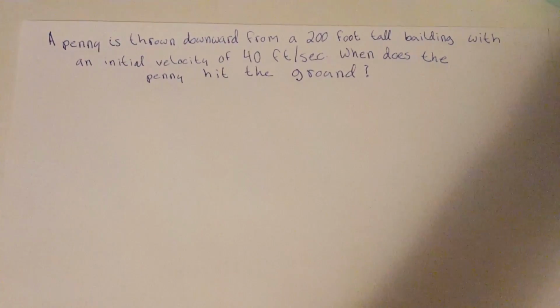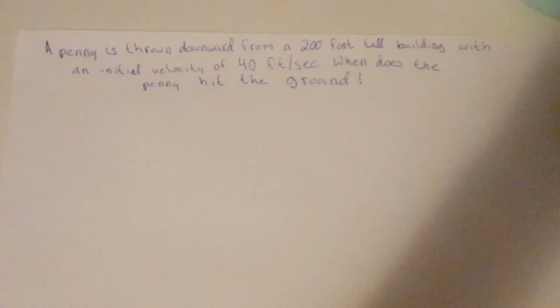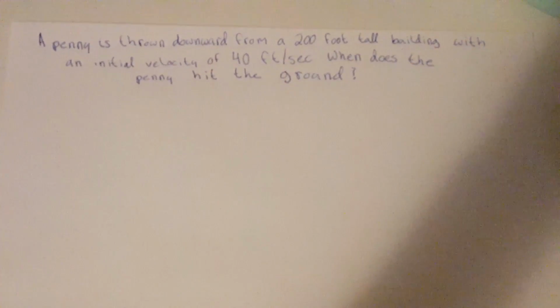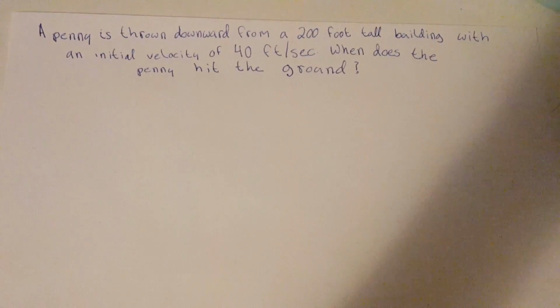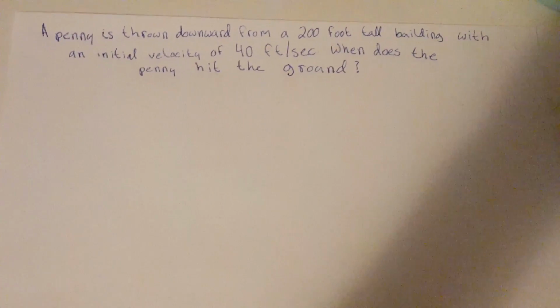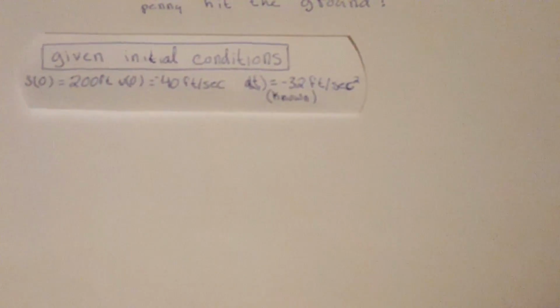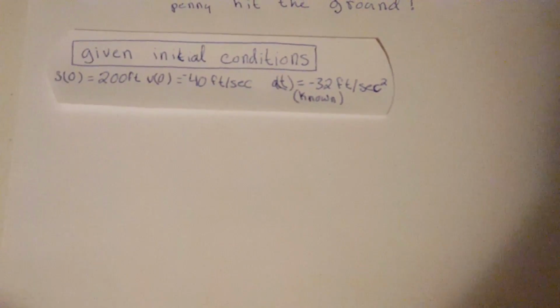This problem says that a penny is thrown downward from a 200-foot tall building with an initial velocity of 40 feet per second. When does the penny hit the ground? So this problem gives us quite a few initial conditions, and these initial conditions are s of 0 equals 200 feet, v of 0 equals negative 40 feet per second, and a of t equals negative 32 feet per second squared.